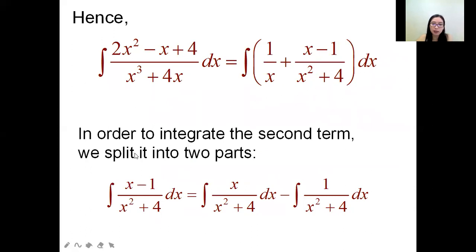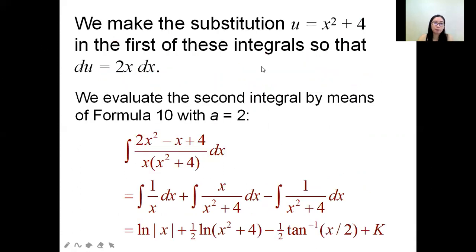In order to integrate the second term, we split it into two parts. So we have the integral of x over (x squared plus 4) dx minus the integral of 1 over (x squared plus 4) dx.